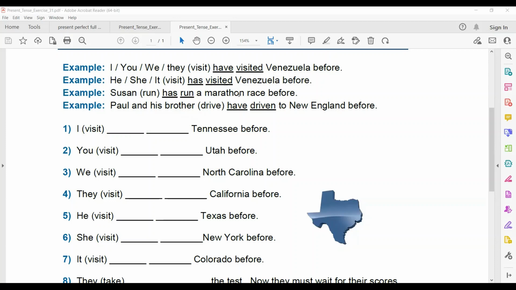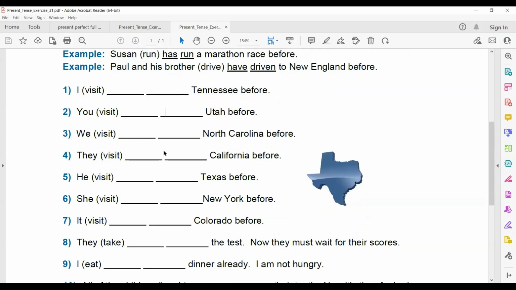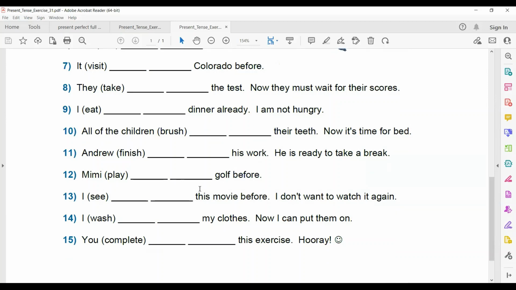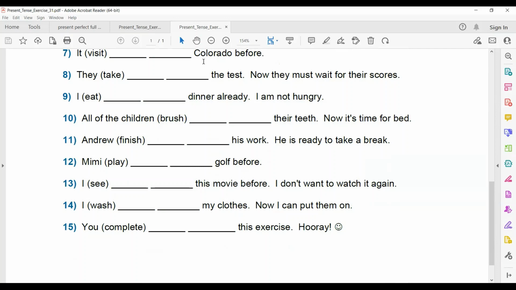Then look a bit down here. Let's look at sentence number 10. It will be quite different. Let's look at this sentence: all of the children. This is interesting because what can you say about this? All of the children is the subject, and brush is the verb.